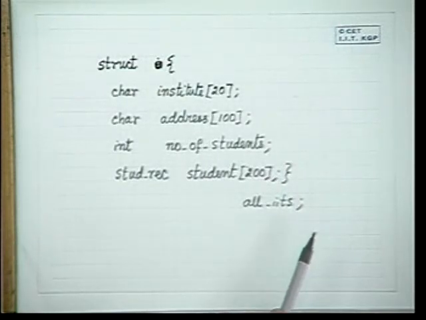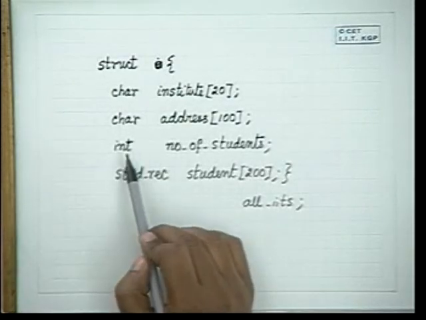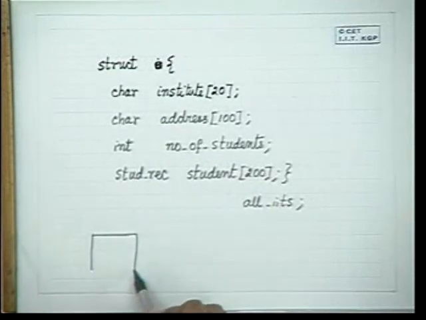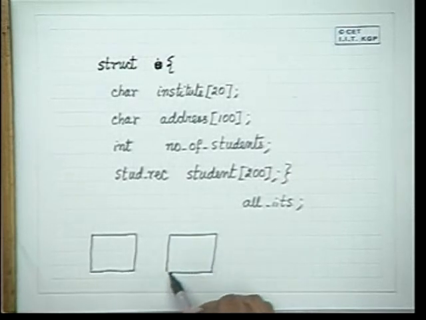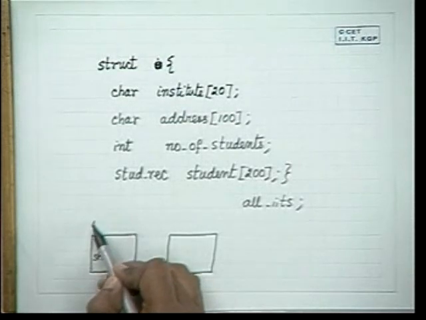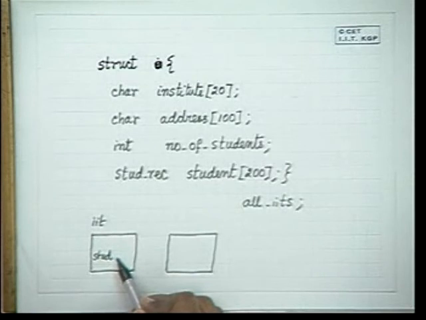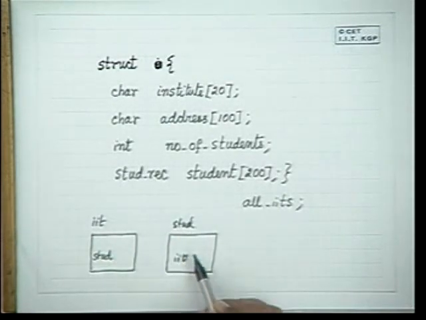But you must be very careful that when you define a structure, you cannot have self-referencing in both directions. That is, you cannot have normally a structural definition in which you define, say IIT, here you define a structure student, and in student also you define IIT.